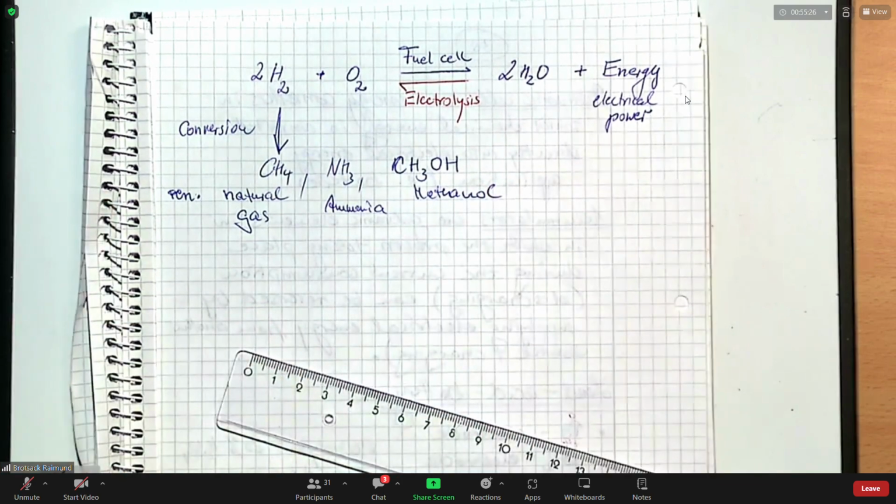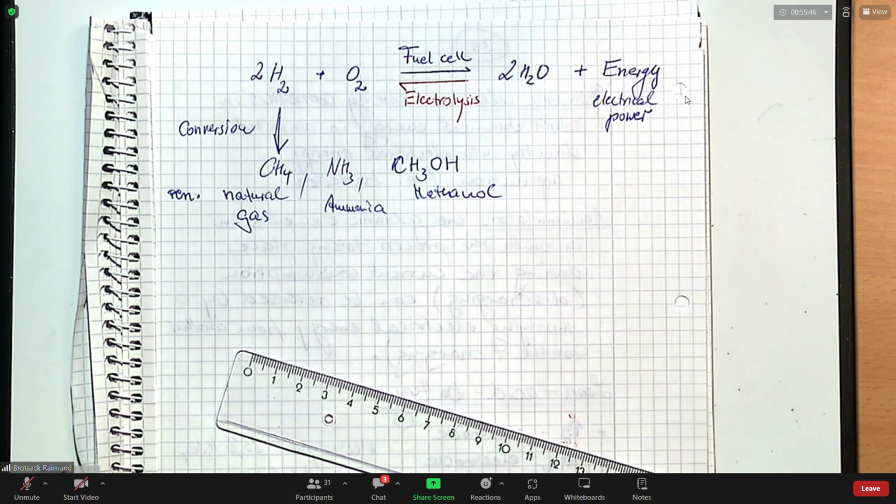So you will hear quite a lot in future about those systems, because for natural gas, we know we have the infrastructure. Nowadays, we are importing LNG, which is liquefied natural gas from the United States.